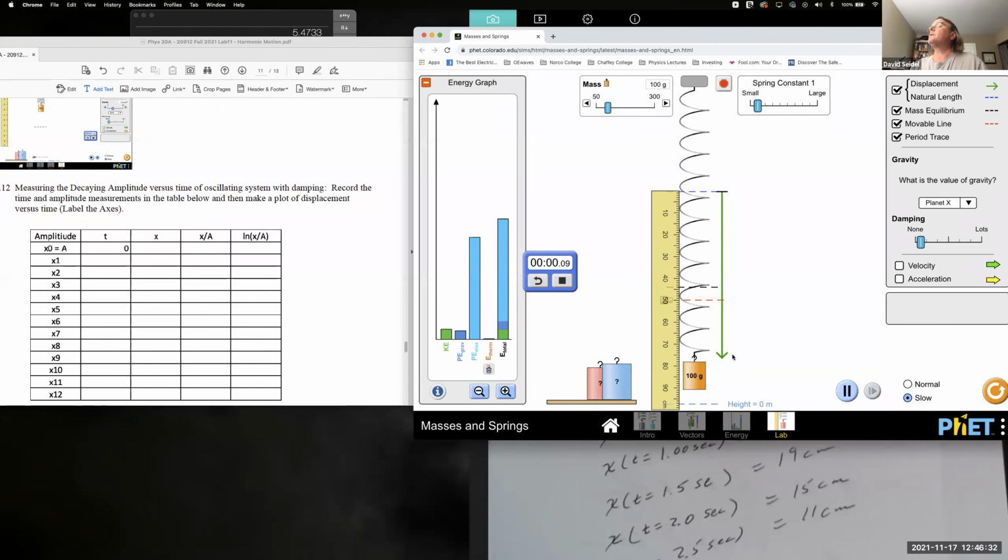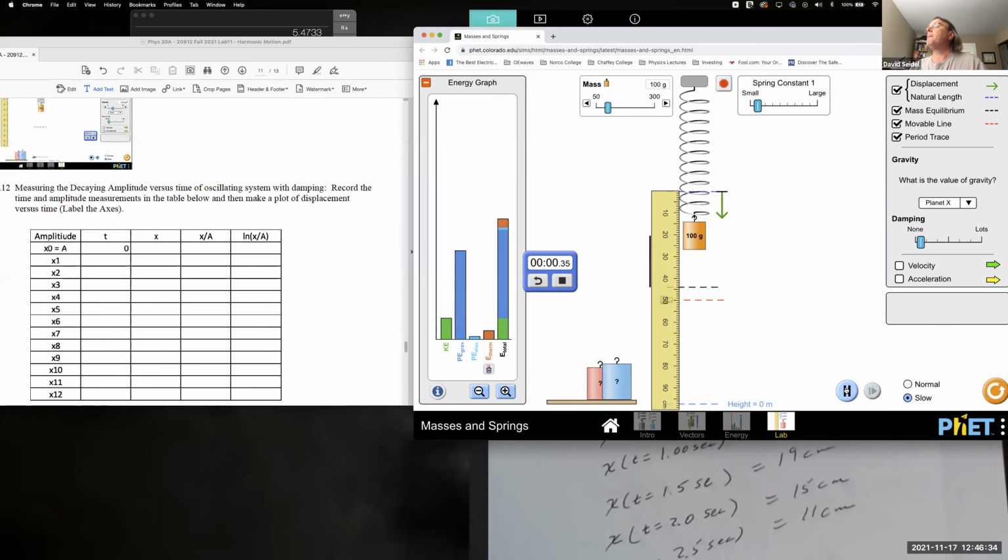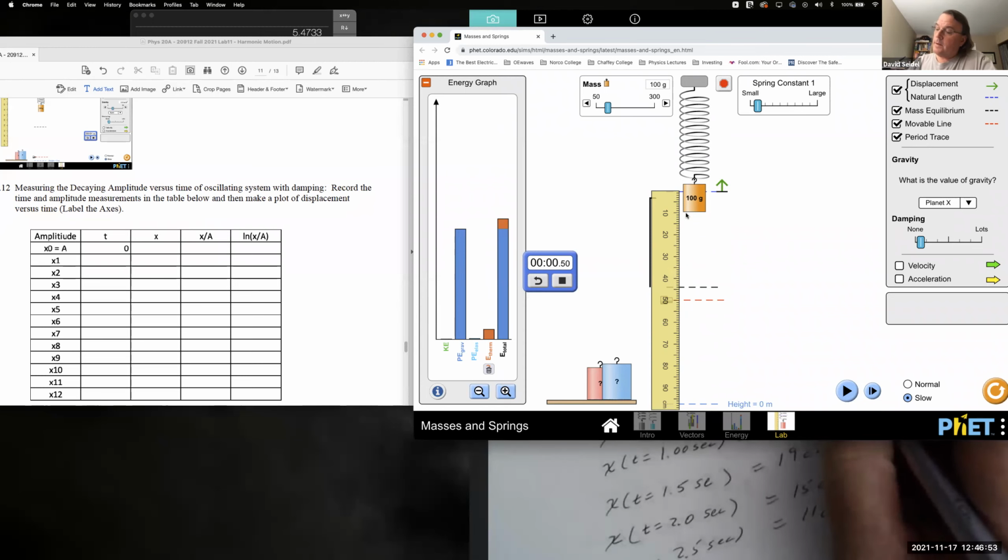I go up to the top. It's still 0.5 seconds, but I would say it's 40 centimeters now. So I'm going to put 40.